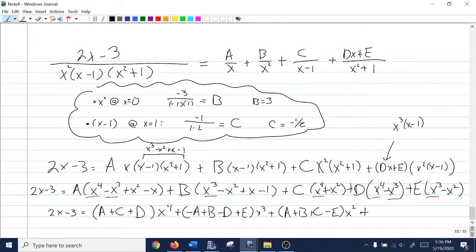How many x's am I going to have? I'm going to have negative Ax. Okay, so I did the Ax squared, I did the B. Oh, this is supposed to be A minus B. Minus Bx squared. Okay. Plus C minus E. How many x's have I got?